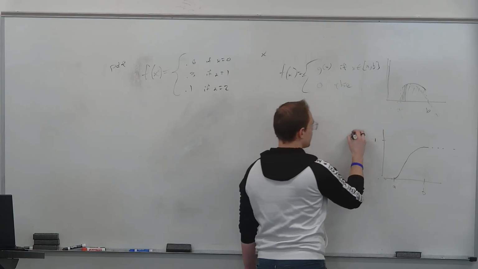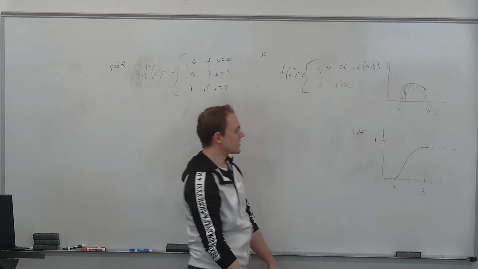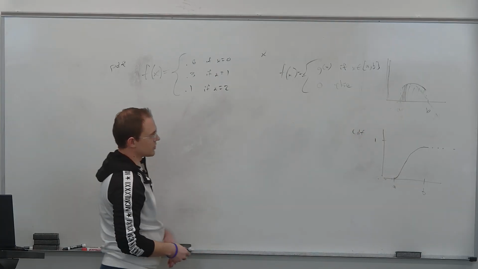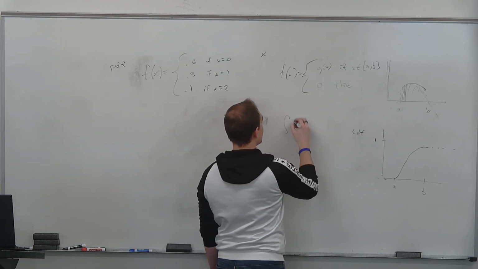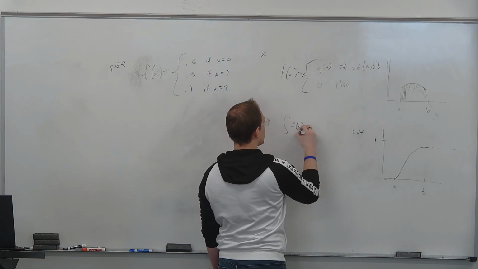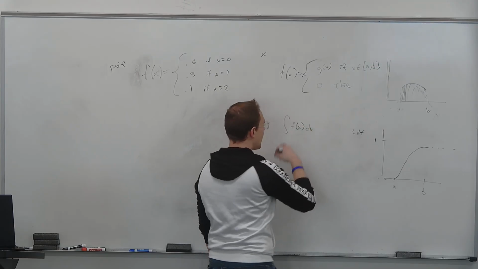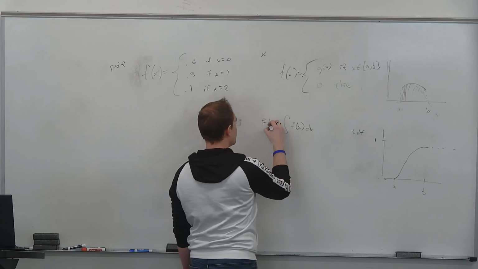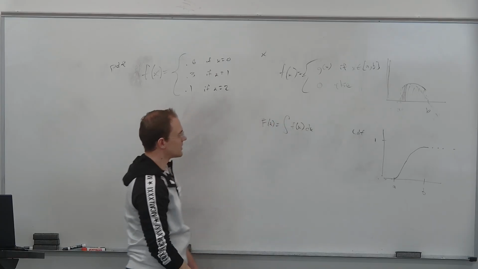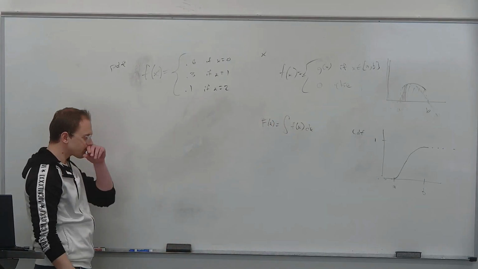So this right here is called a CDF, a cumulative distribution function, and it shows what happens when we integrate over a PDF. A CDF would be the integral of our PDF, which I'll call f of x, and it is usually denoted with a capital F of x.